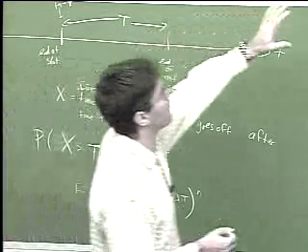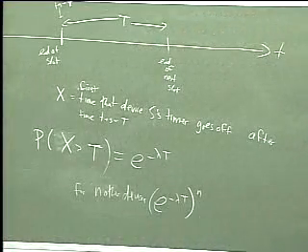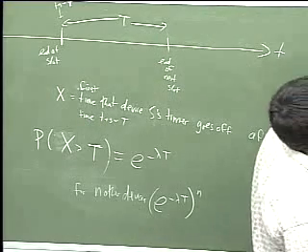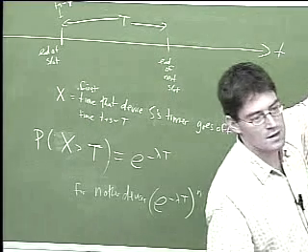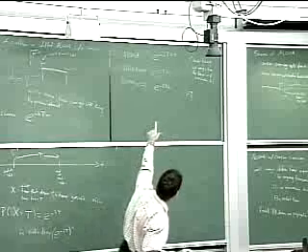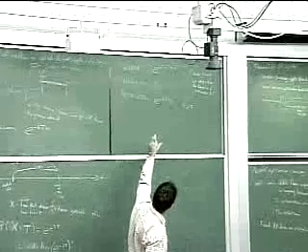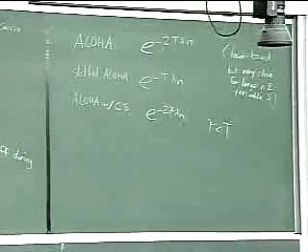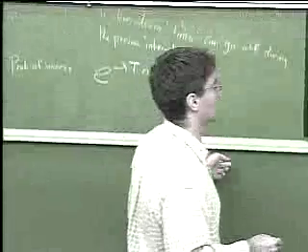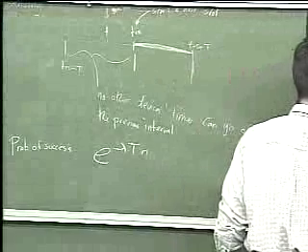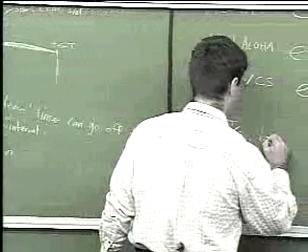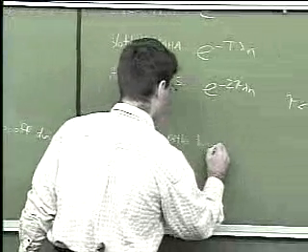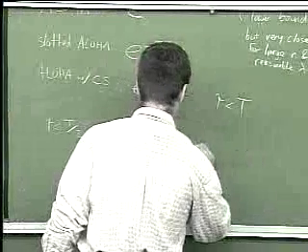So I just want to make an interesting comment. Tau is less than t, so Aloha is definitely the worst. E to the minus 2t lambda n will be smallest. And then which of these is better, slotted Aloha or Aloha with carrier sensing, depends on the size of tau. If tau is less than t over 2, it is better to use carrier sense than slots.